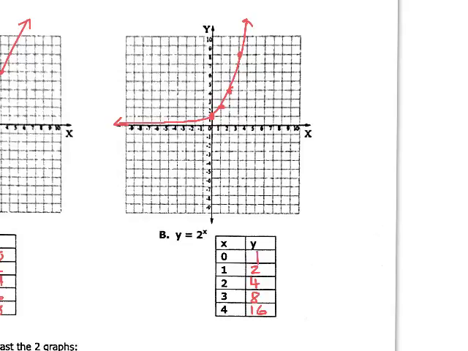That is one absolutely important thing for you to realize. An exponential function, unless there's a negative in the base, will never go down below or touch that x-axis. It will approach and get really, really close, and to the naked eye it might even look like it is touching that x-axis, but it never actually is. Okay?